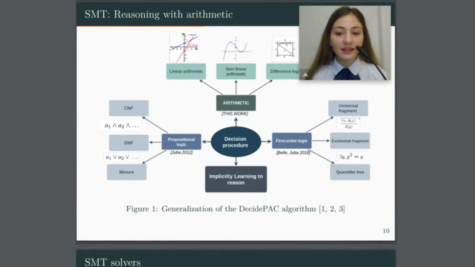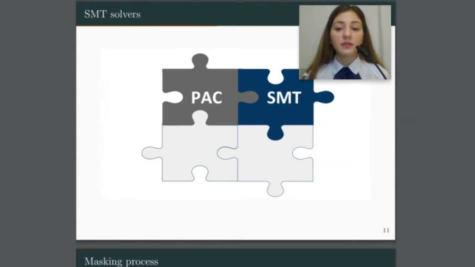To decide sets of arithmetic formulas, we use off-the-shelf SMT solvers. To maintain the polynomial guarantee, we select those fragments for which there is a polynomial-time decision procedure. For example, in the fragment of difference logic, we use the Bellman-Ford algorithm. These were a few words about how we use SMT solvers in our approach. We will now introduce the masking process.